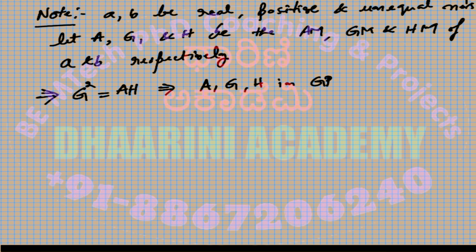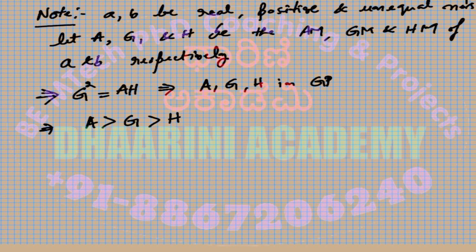Always A, G, H are in geometric progression. And also we have another relationship, that is A is the largest, then you have G, then you have H.